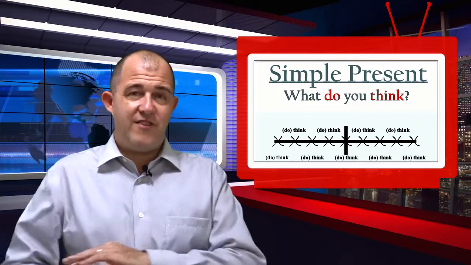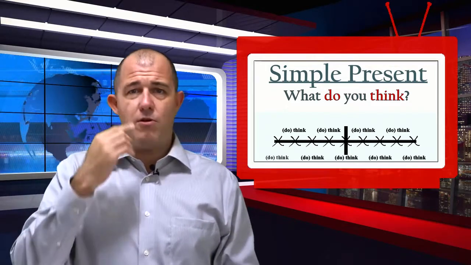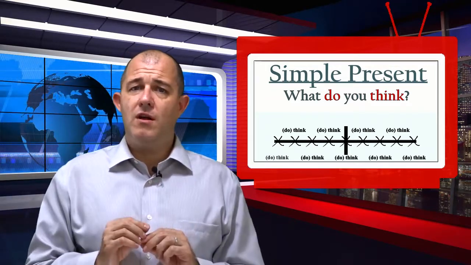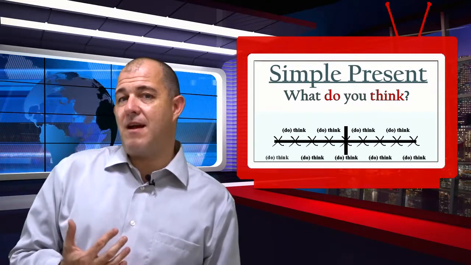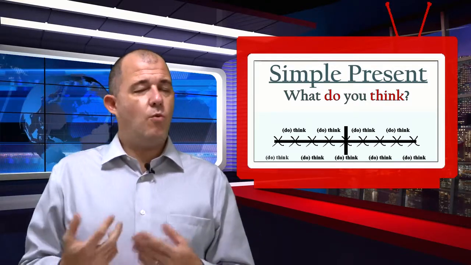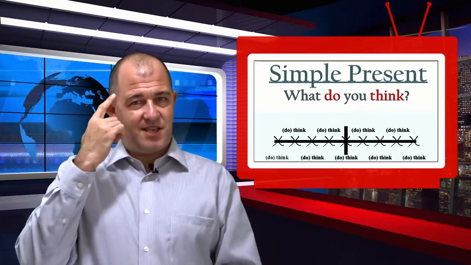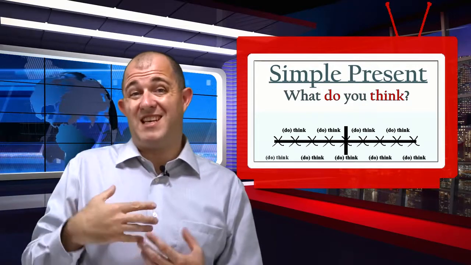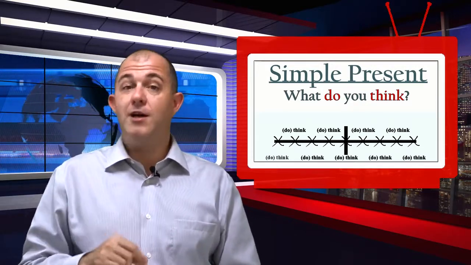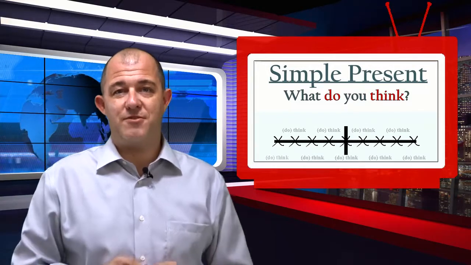They're not physical actions out in the world. They happen in here or in here. So they're not exactly the same as certain physical actions that can be continuous. So what do you think? Think is one of these verbs. It happens in our head. So we use a simple tense usually with this verb. And we'll talk more about that as the lesson continues.